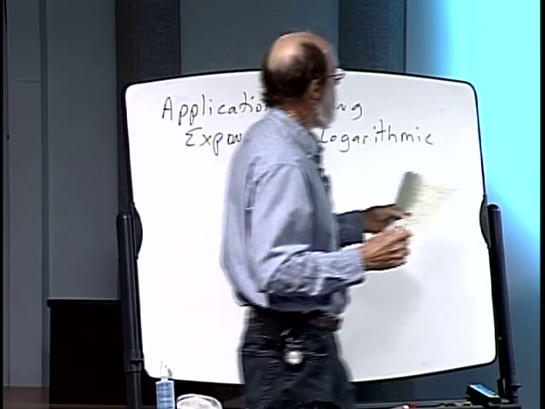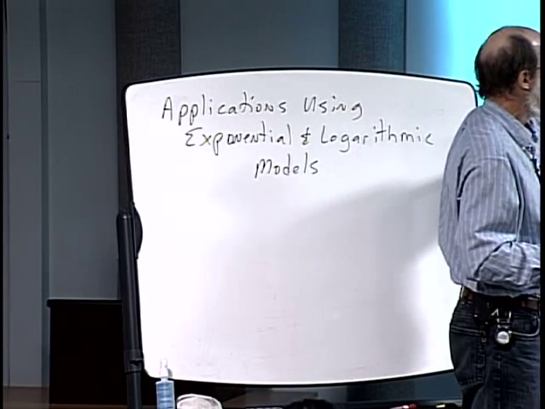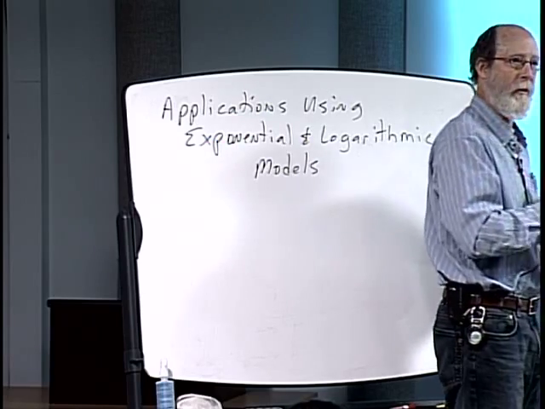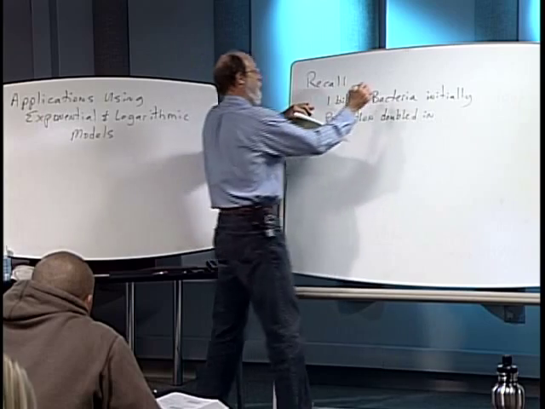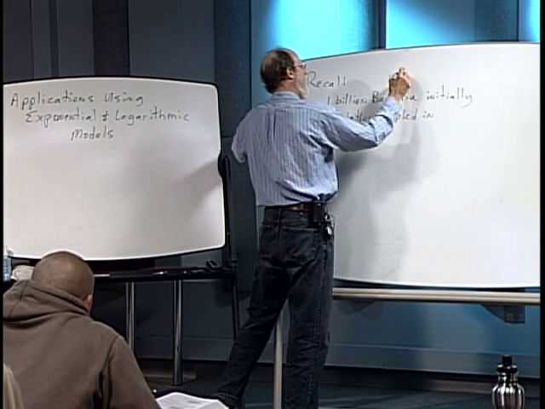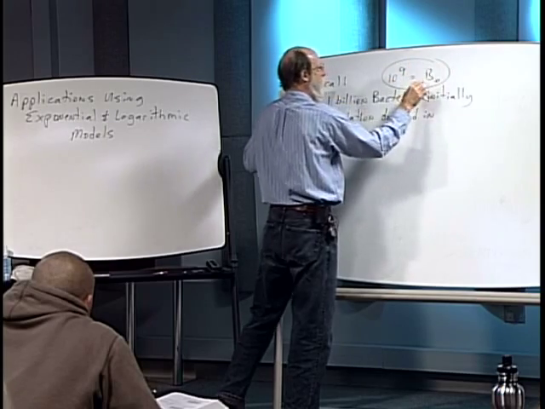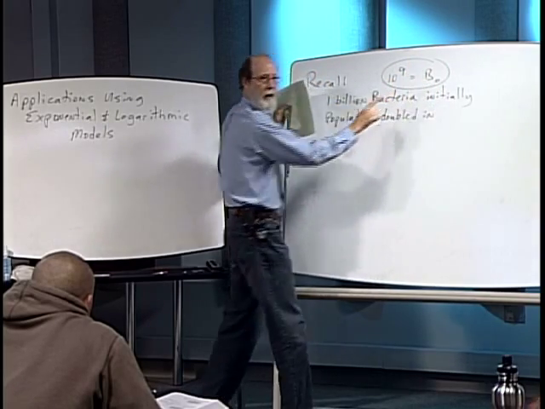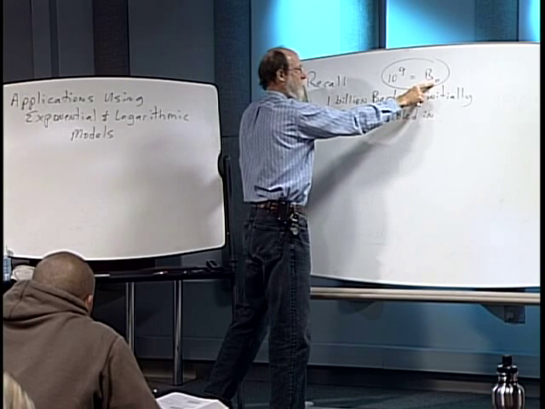So let's go back here to the last session. We had 1 billion bacteria, and remember that's 1,000 million bacteria. So it's 10 to the 9th initially, and that I'm going to label as the initial population of bacteria. Oftentimes, for an initial value, we use a little subscript with a little 0 there.